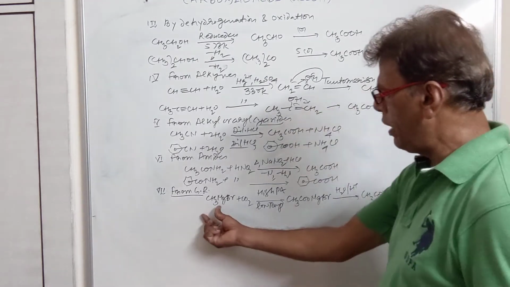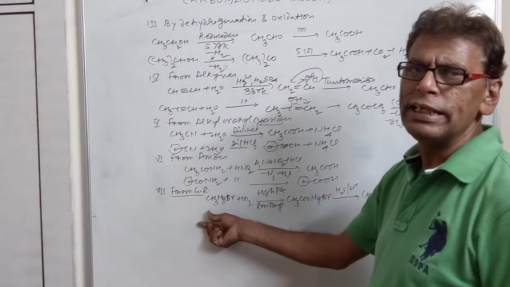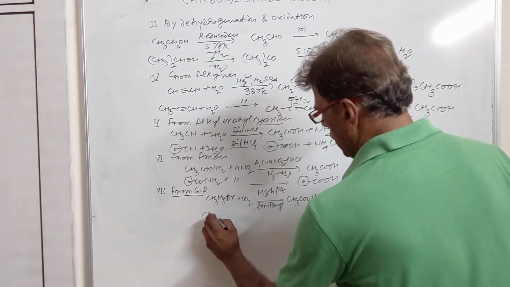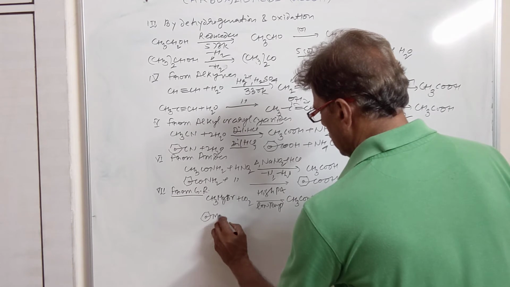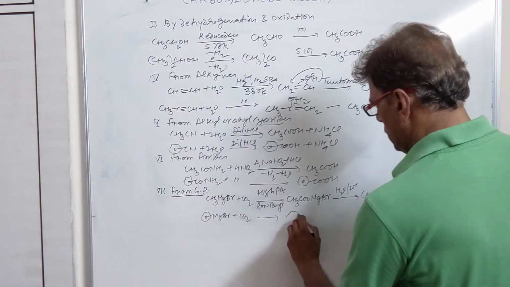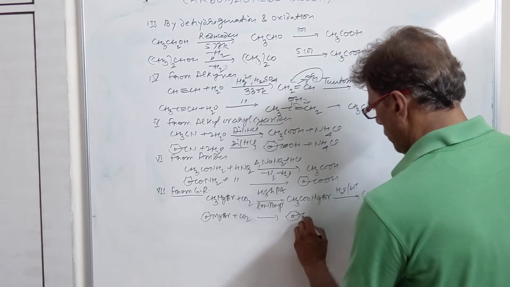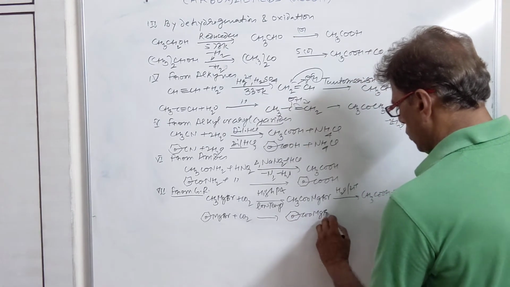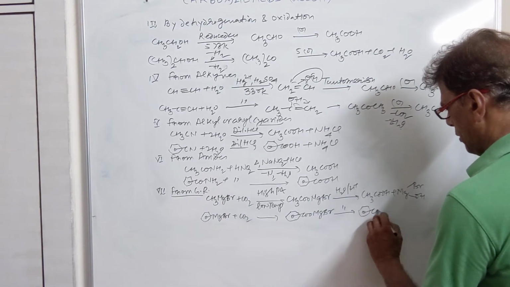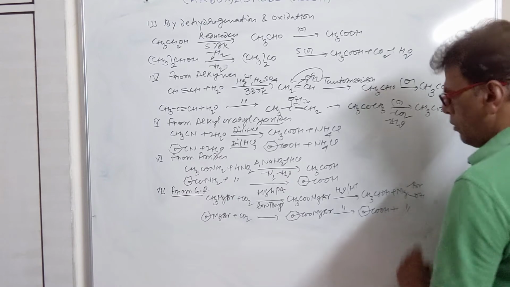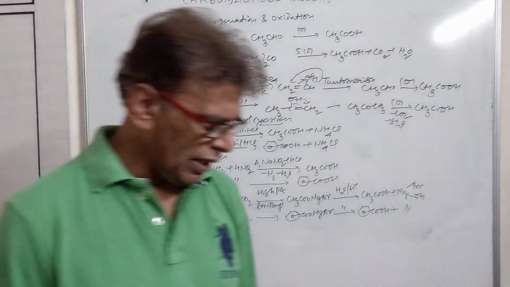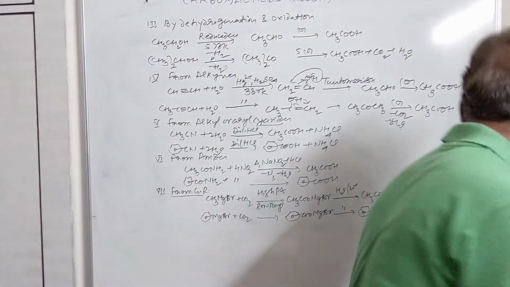If in place of methyl you use a benzene ring, then you will get an aromatic system. The benzene ring MgBr treated with CO2, we get benzene ring COOMgBr. It is hydrolyzed under similar conditions, we get benzoic acid. So both aliphatic as well as aromatic carboxylic acids can be prepared by similar methods.